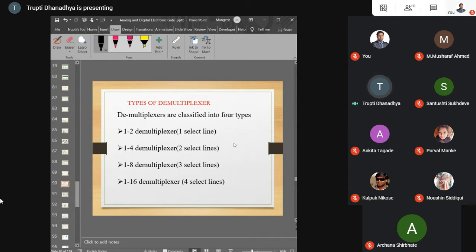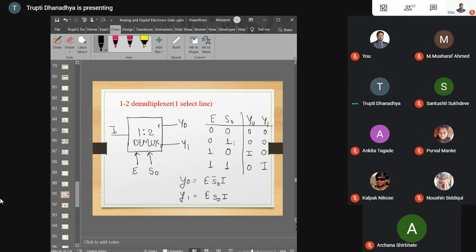Here, I already told you, it is the opposite of the multiplexer. So you can see here only one input line is present, and at the output there are a number of output lines present. So this is the type of the demultiplexer. For example, for the 1 is to 2 demultiplexer, we only require one selector line and one enable line.